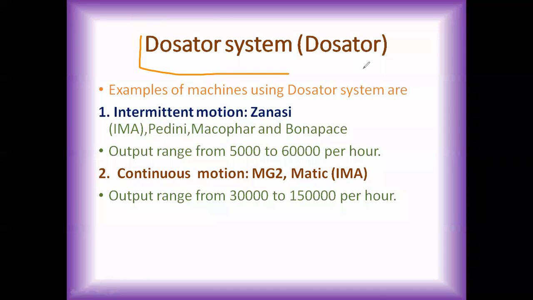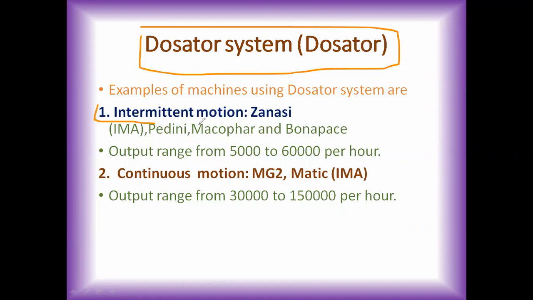From the dosator systems, the examples of machines include firstly the intermediate motion systems, where we have a machine from a company called Zanasi. We have seen one model of this.